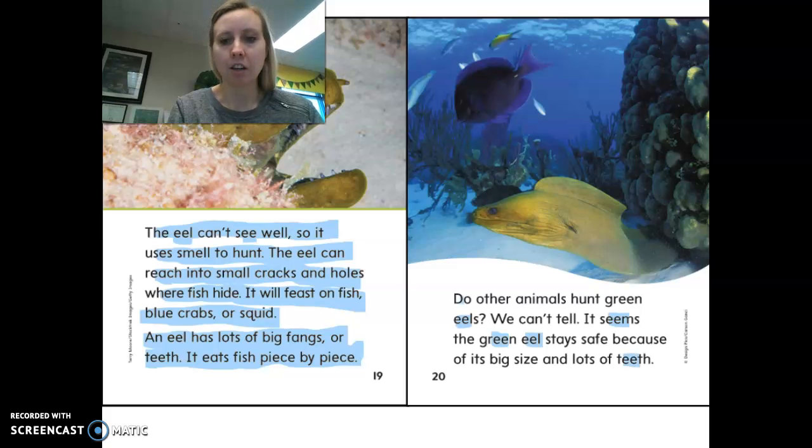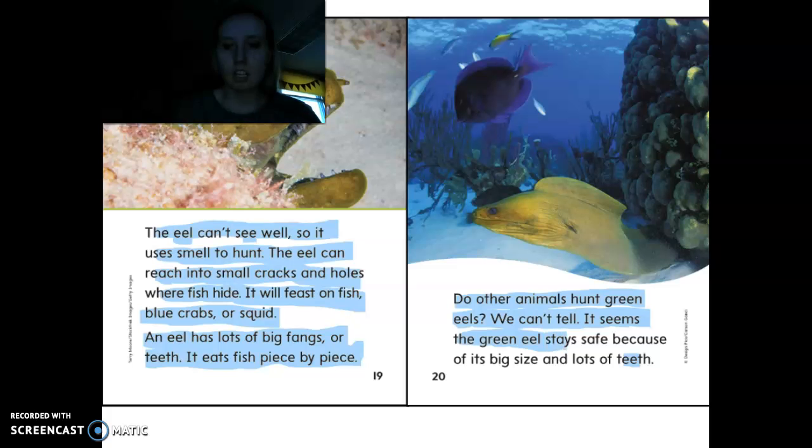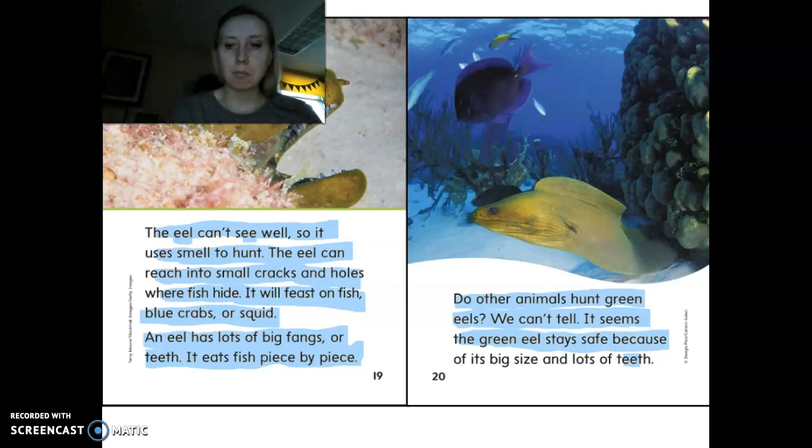Okay, here we go. Ready, begin. Do other animals hunt green eels? We can't tell. It seems the green eel stays safe because of its big size and lots of teeth.